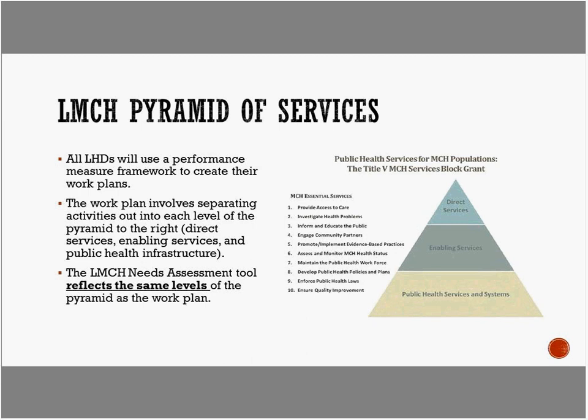You either do them by direct services, enabling services, or public health services and systems. We report these service categories to the federal government, and that's the reason we have them separated out by direct services for children, direct services for women, enabling services for children, enabling services for women, and public health services and systems. So our budgets are those 5 different categories.